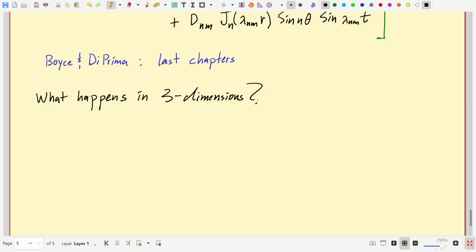See, for example, you could do the heat equation in a cannonball, a metal ball. Then, naturally, since it's a ball, you would use spherical coordinates, which are different than polar coordinates.